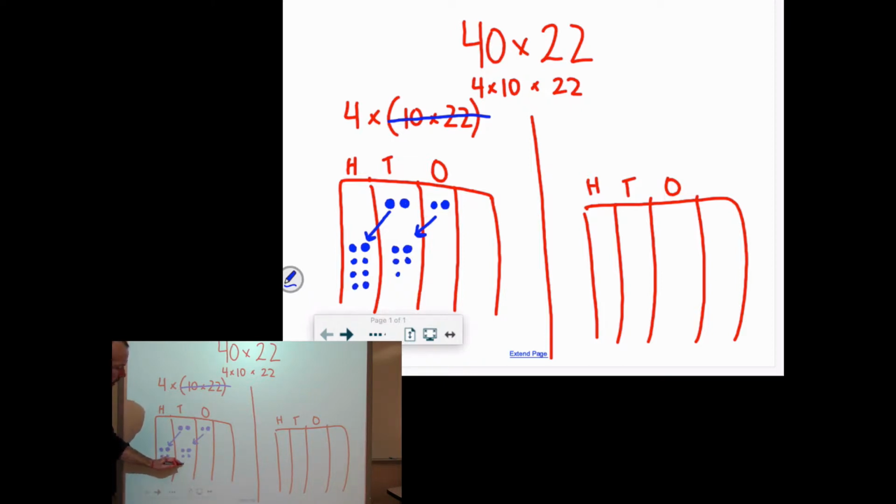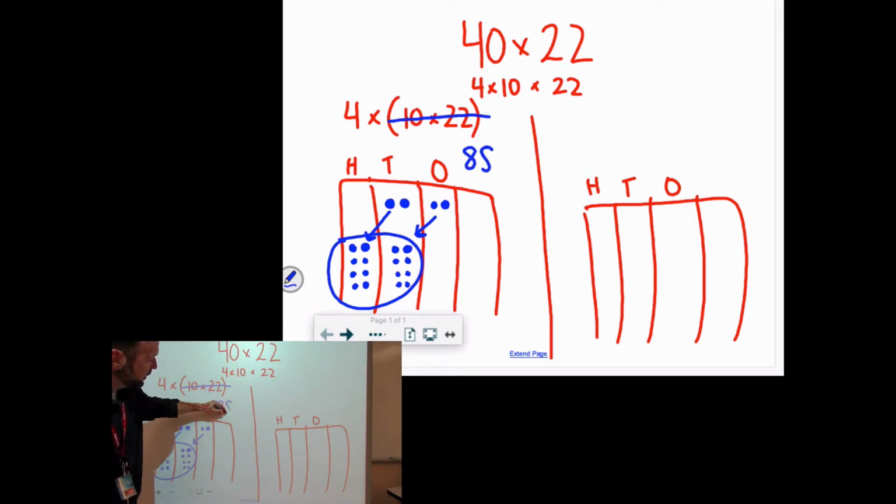My answer to this problem would be 800 and 80. 880. I don't have any ones anymore because everything moved over to my tens and my hundreds. So my answer would be 880. Cool. So that's grouping it that way.